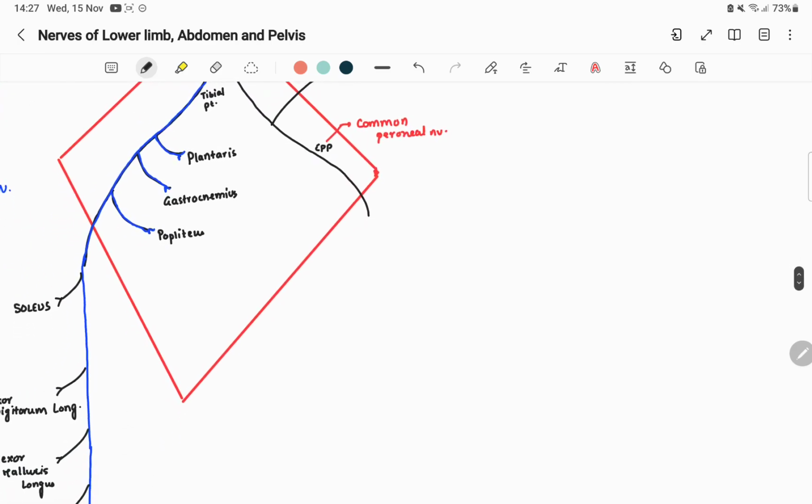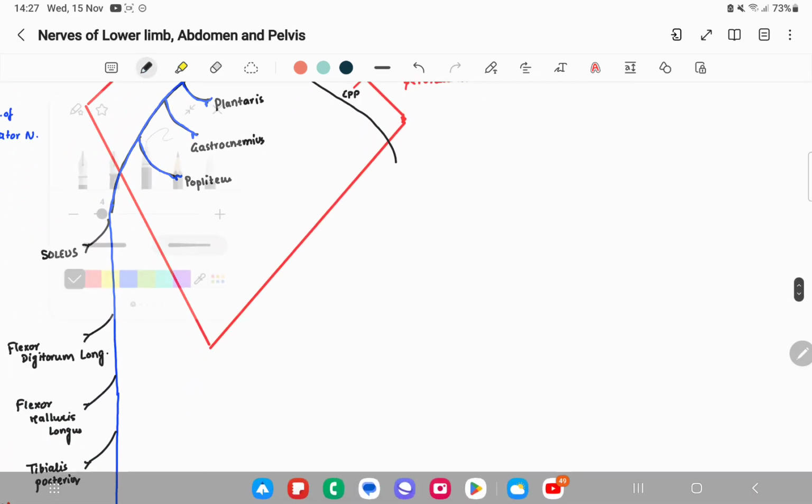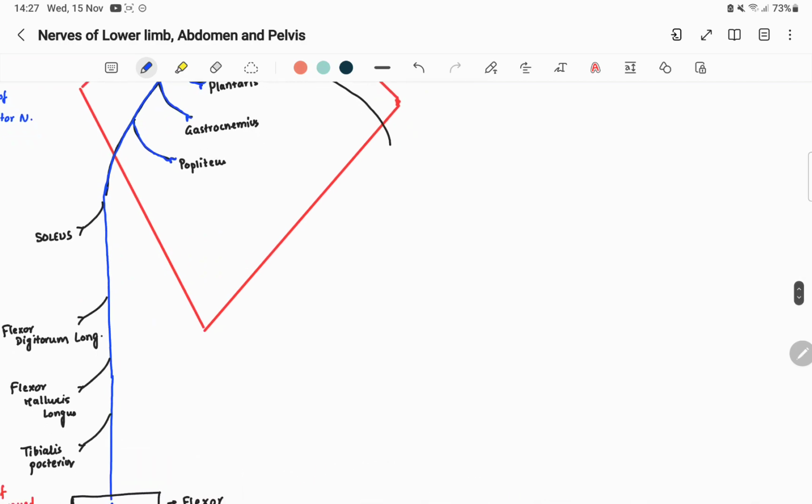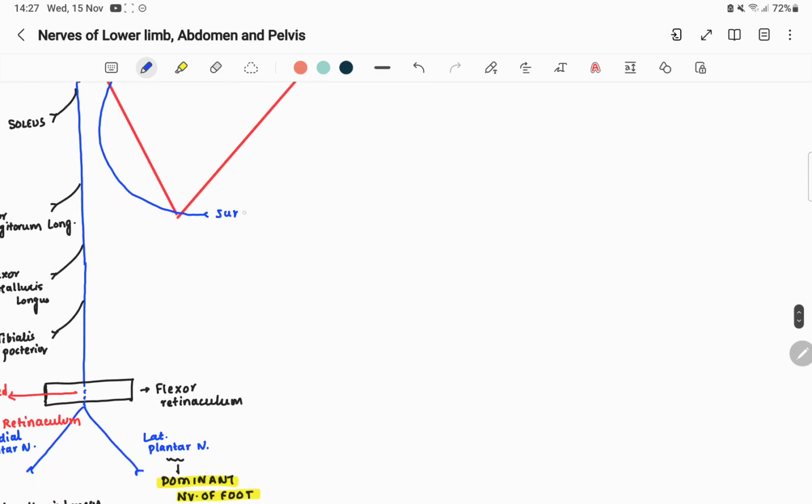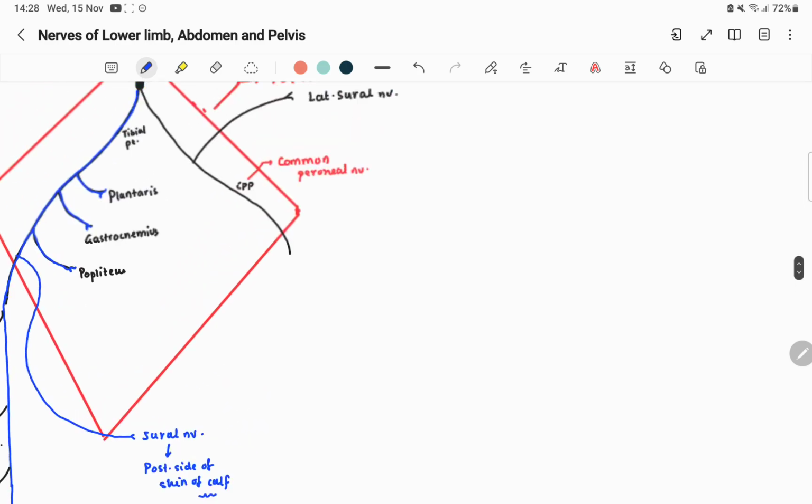I left a branch here: the tibial nerve also gives a branch which supplies the posterior side of the skin of the calf, called the sural nerve.